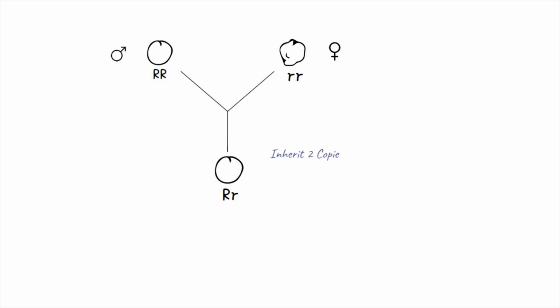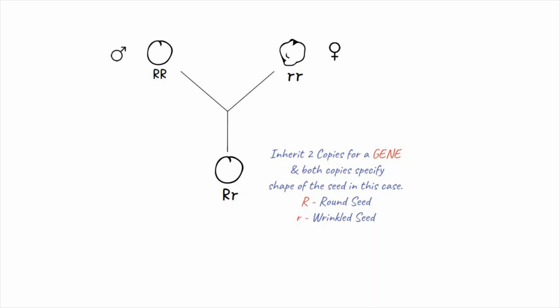So this plant inherits two copies for a gene, and both of these copies specify the shape of the seed. In this case, capital R specify the round shape of the seed, small r specify the wrinkled shape of the seed. So these alternative forms of a same gene is called allele.